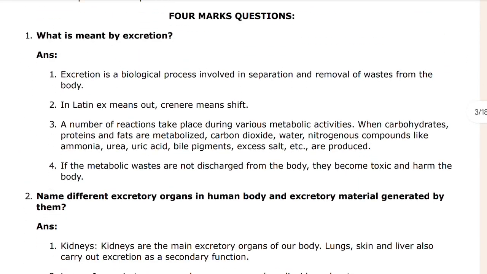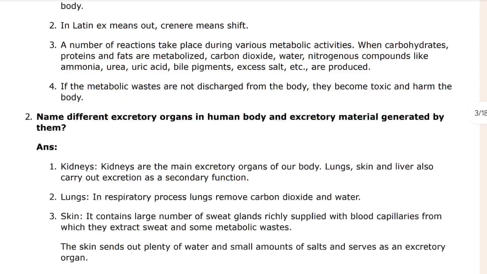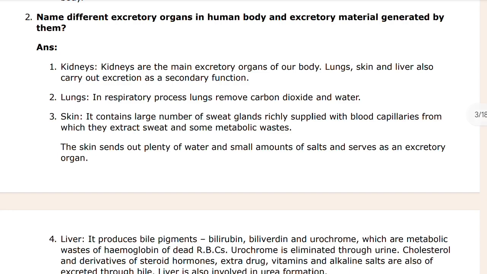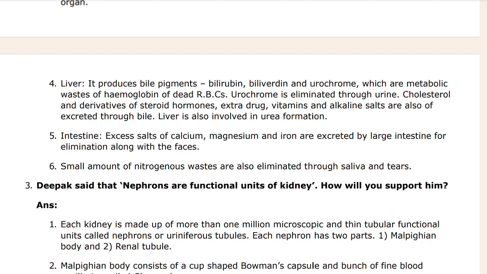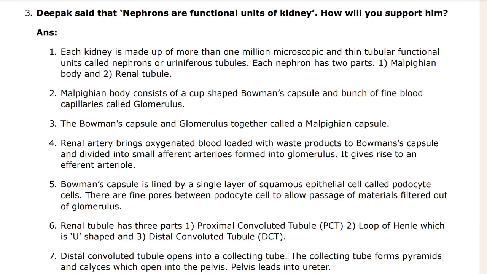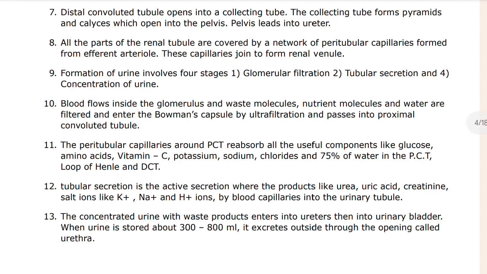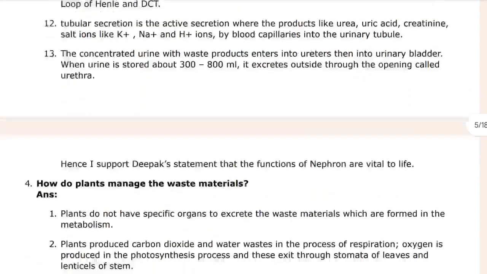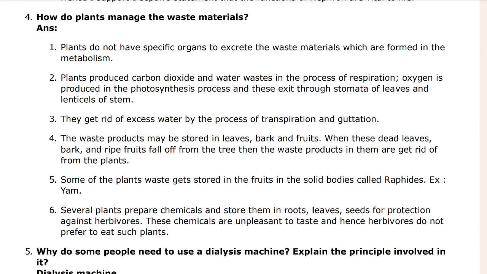Let's see. What is meant by excretion? What is excretion? This is given here, and some questions are given here. Then the fourth one: how do plants manage waste materials?